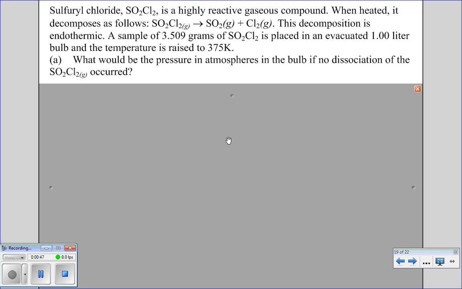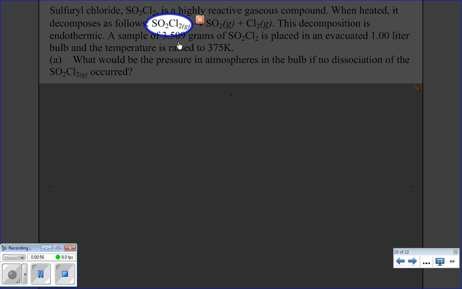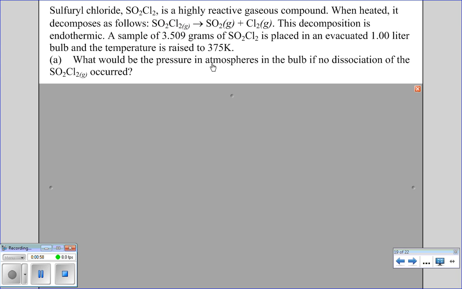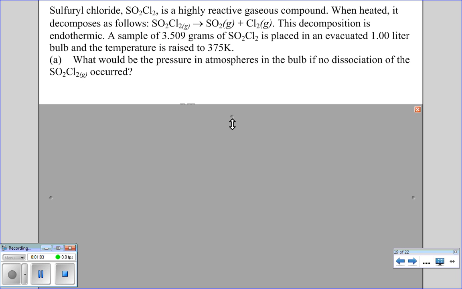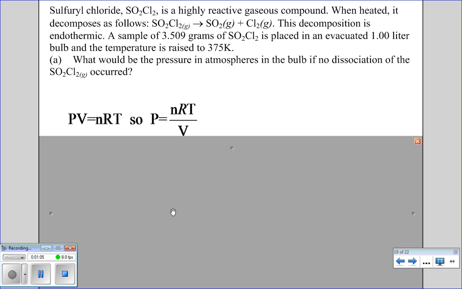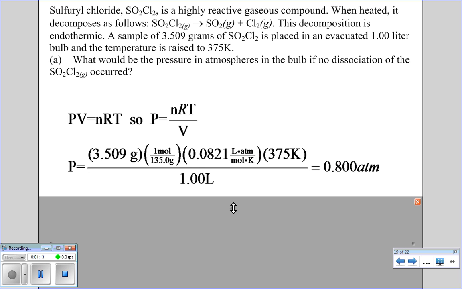So, first question, what's the pressure going to be if no dissociation occurs? That's like saying what happens at time 0 when it's 100% on the reactant side. Well, that's easy because they tell us how many grams we have. So we just need to use PV equals nRT, and the pressure is going to be the number of moles times RT over V. The number of moles is going to be the grams times 1 over the molar mass.